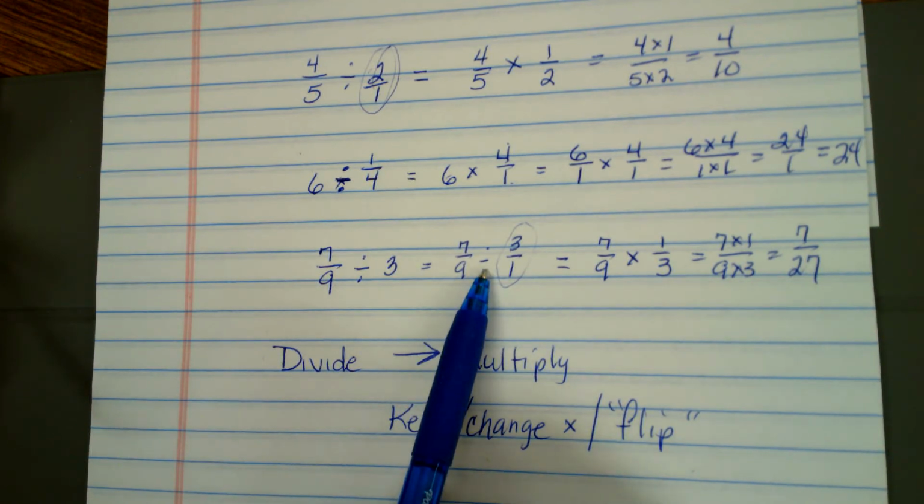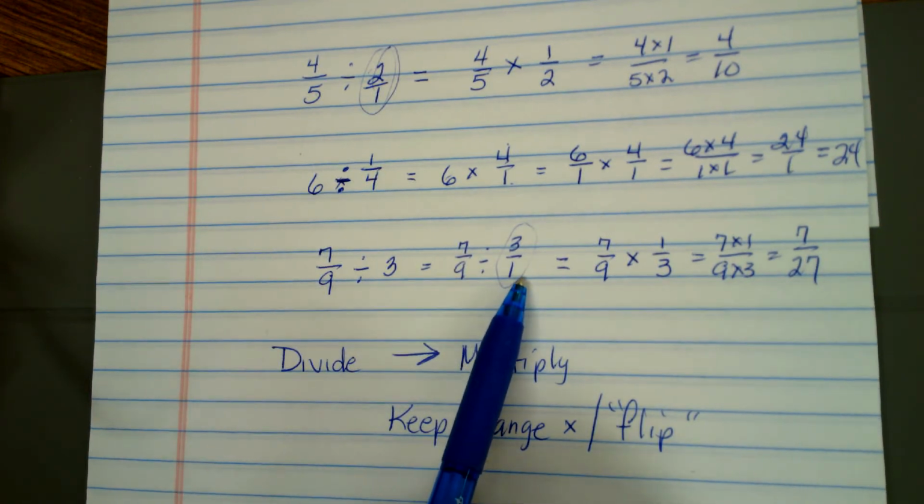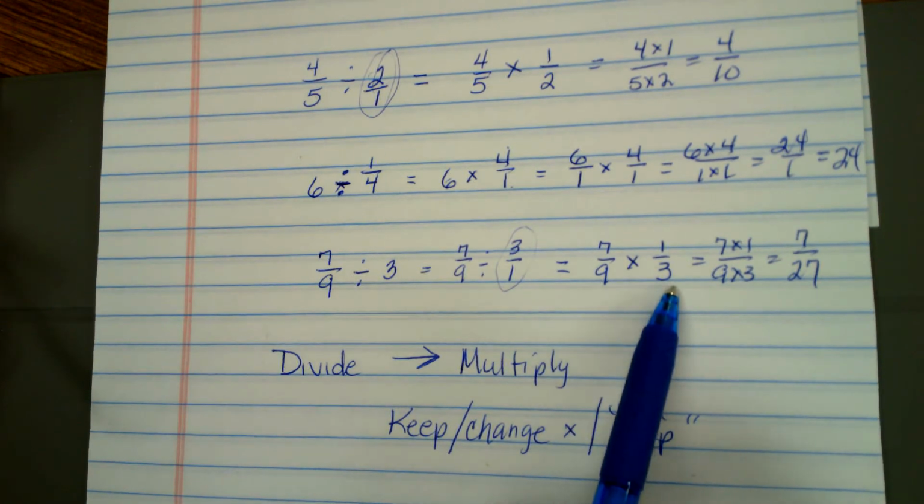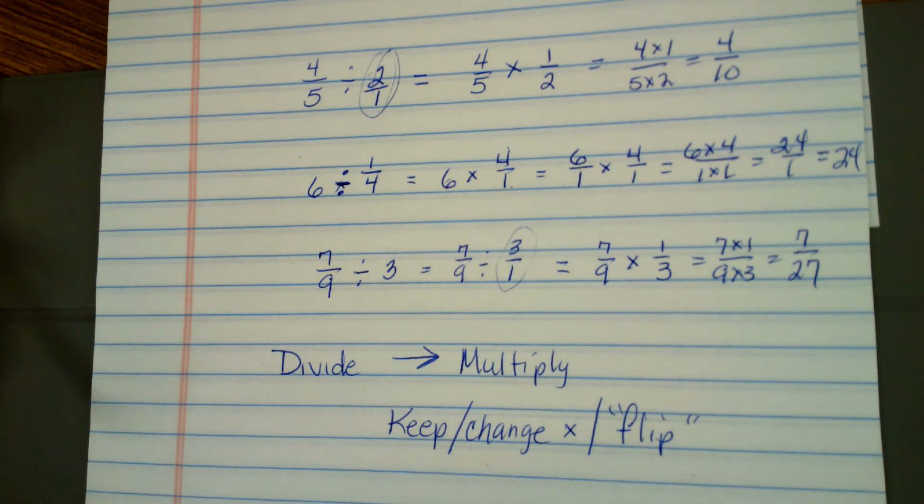Keep the first, change to multiply, and flip this fraction. Take the reciprocal. Okay, only flip the second one. Only the second, not both. And make sure you flip it, or you're just changing the problem altogether.